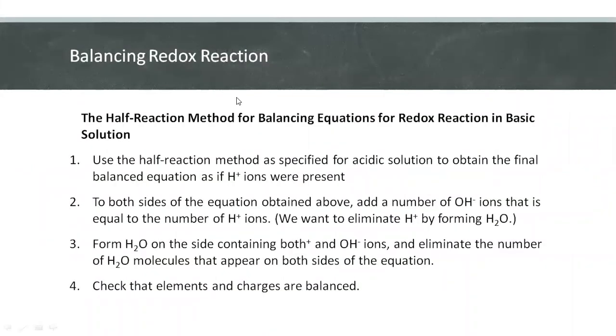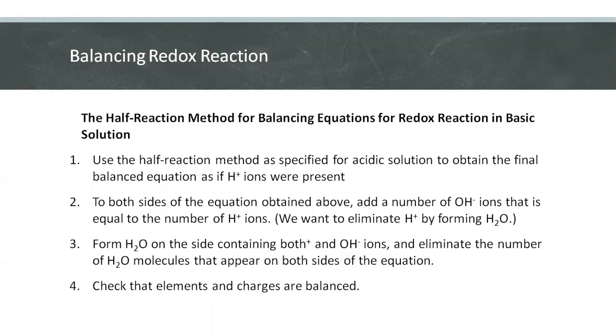Okay, so now let's balance a redox reaction in basic solution. In this method, you're just going to add some steps to the first method in acidic solution.